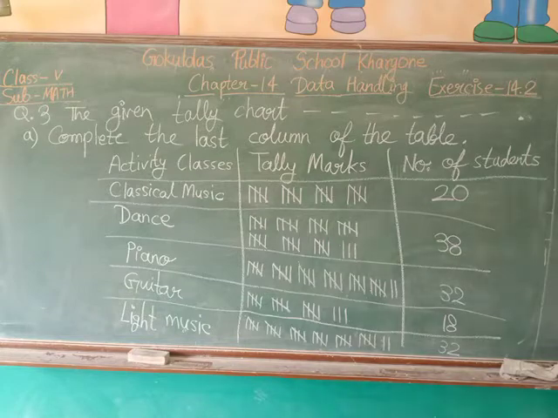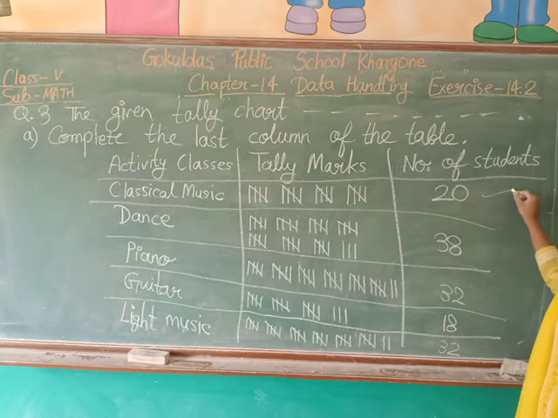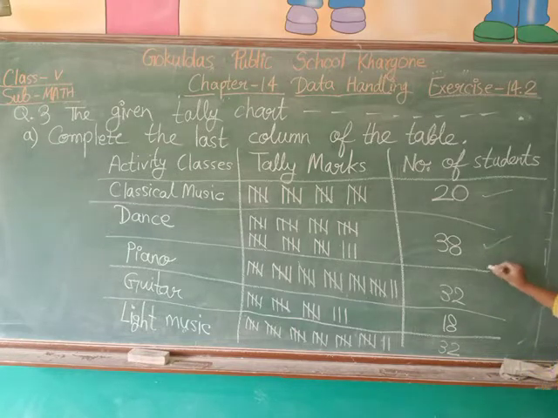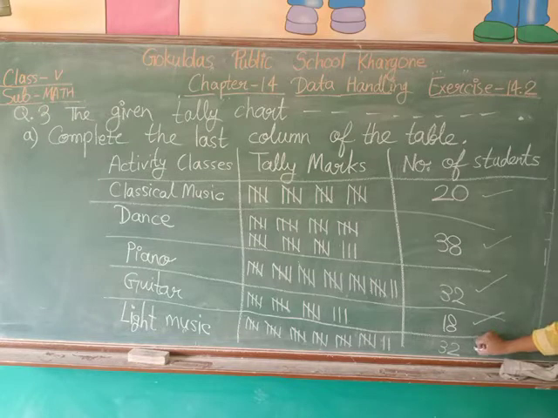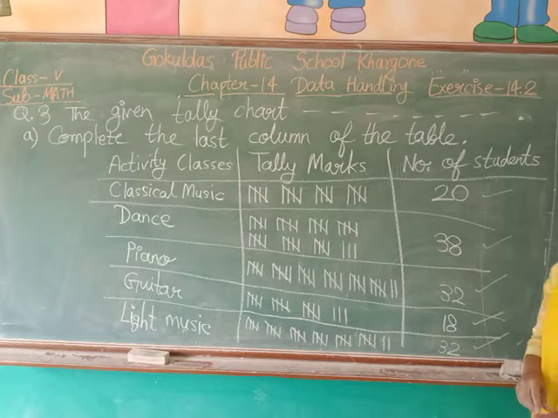So 20 children attend classical music, 38 children attend dance, 32 children attend piano, 18 children attend guitar activity and 32 children attend light music. So total how many students attend activities after school? To find the total, we will add all these numbers of students.